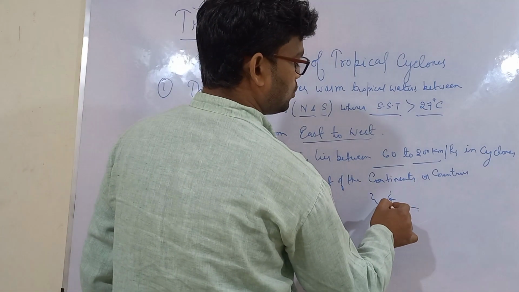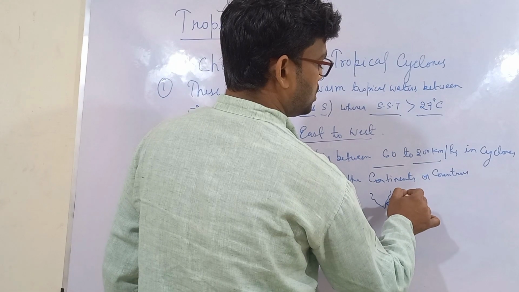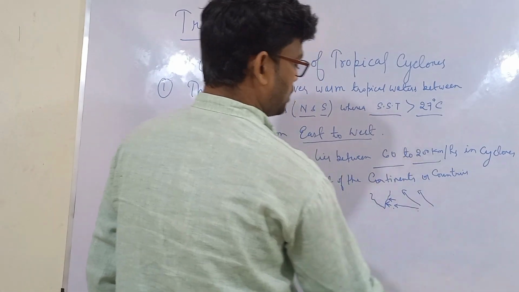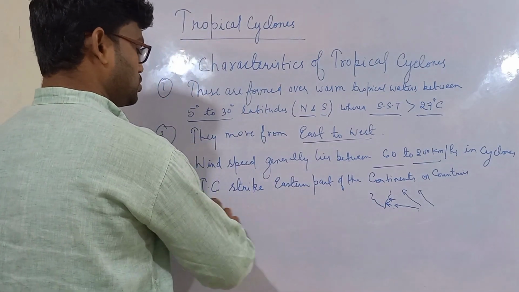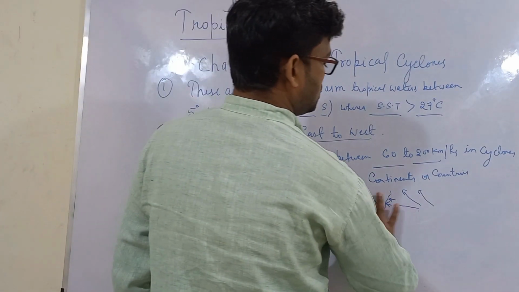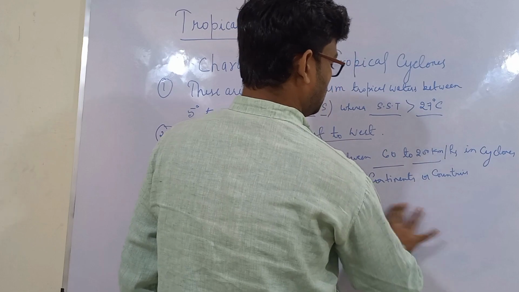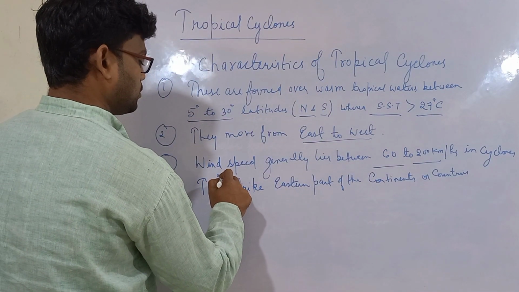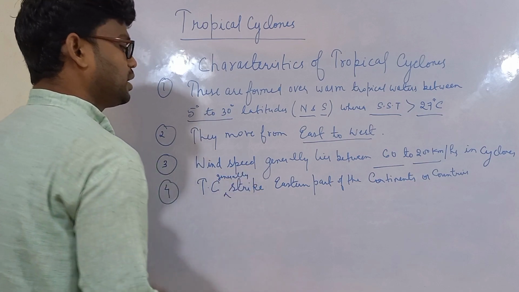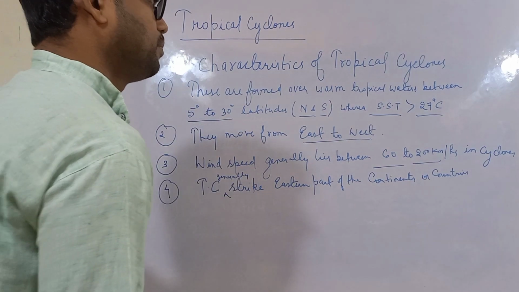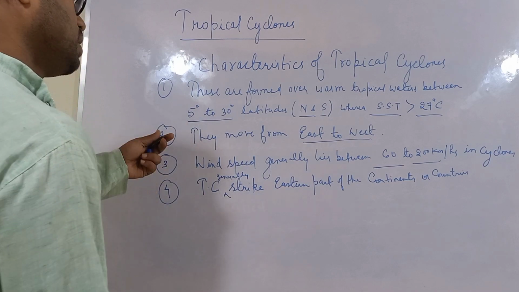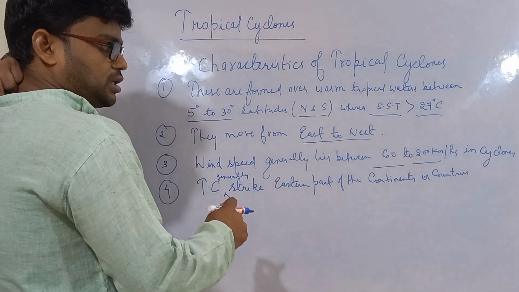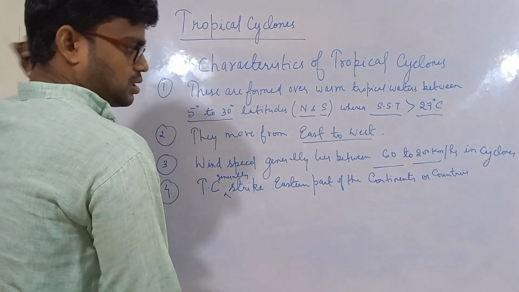Means these tropical cyclones can strike here in India as well as here in Bangladesh, here in Myanmar, but they will strike their eastern part. So do remember that these tropical cyclones generally strike the eastern part of the continents or country. You can write here generally, because sometimes they even strike the western part, because those tropical cyclones which are generated in the Arabian Sea region, we know that sometimes they used to strike the Maharashtra or the Gujarat region.